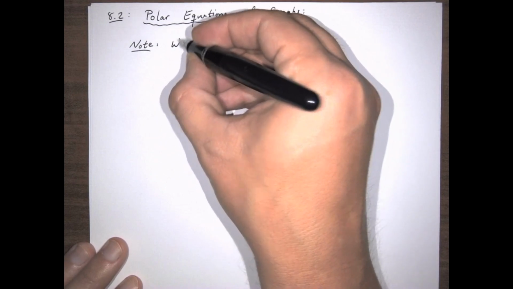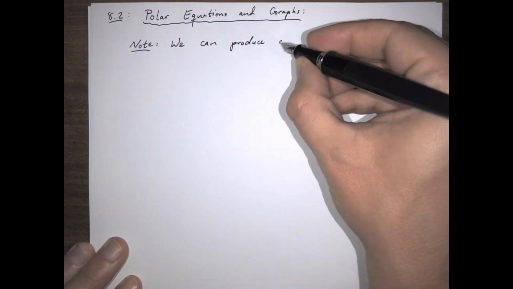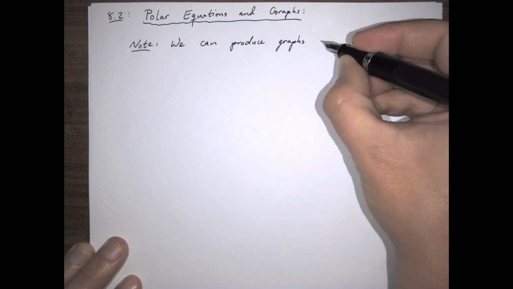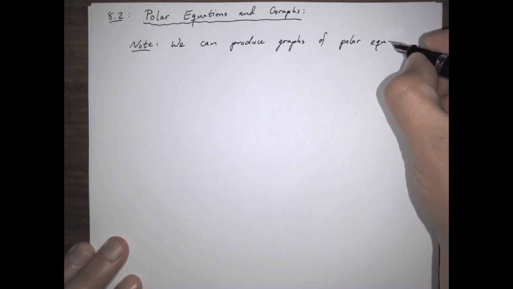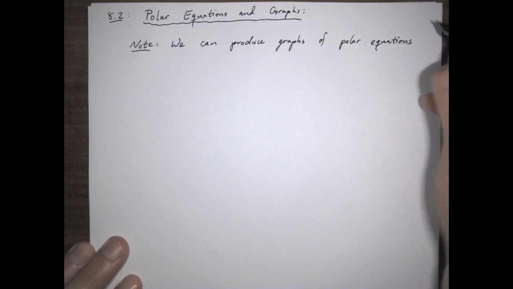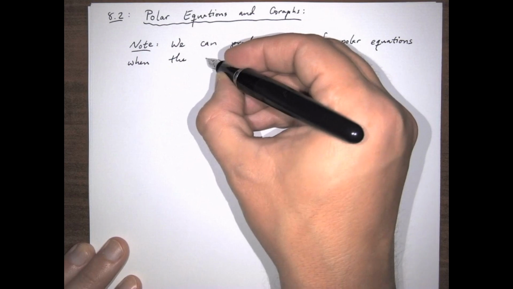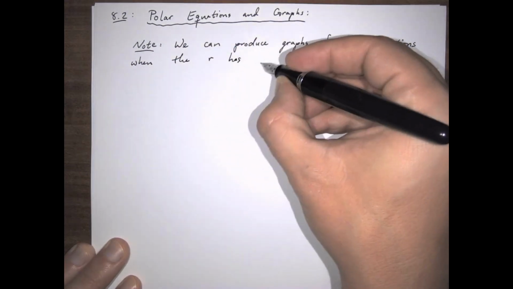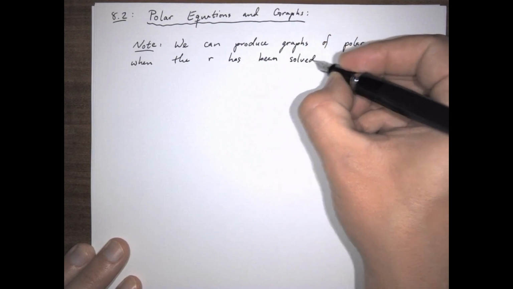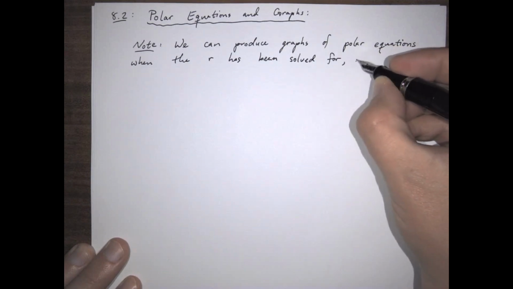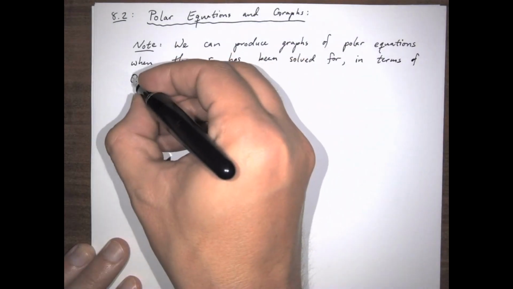So note, we can produce graphs of polar equations when the r has been solved for in terms of theta.